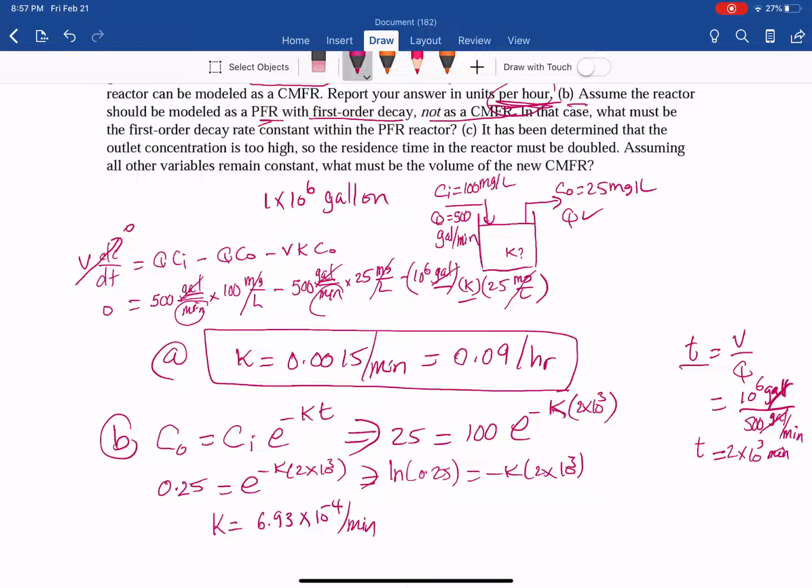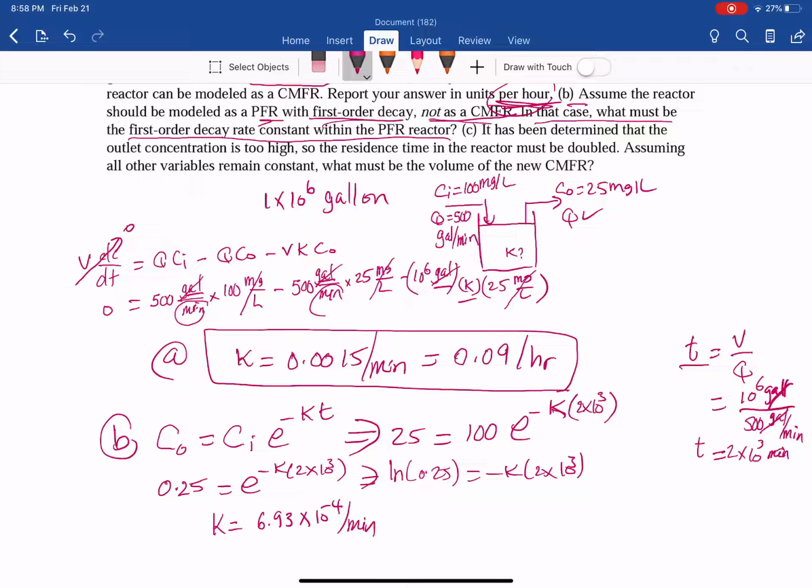What did the question want it in? It did not specify, so we'll do it per minute or per hour, the same thing we did before.